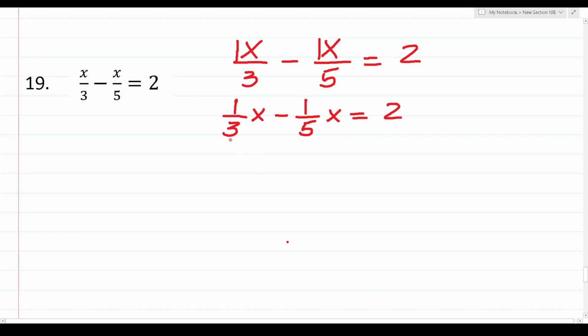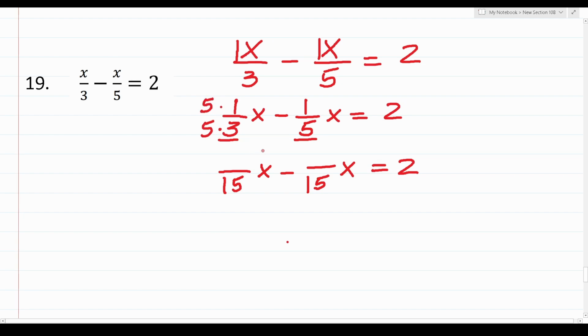More specifically, we're going to have to either write one or both of these fractions such that they have a common denominator. Well, we see our denominators are 3 and 5, and it should be pretty obvious that a common denominator between 3 and 5 would be 15. So let's go ahead and rewrite these such that they have denominators of 15. In order to write 3 as 15, I would have to multiply it by 5.